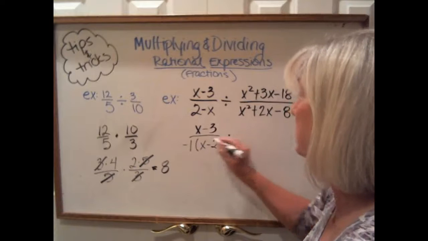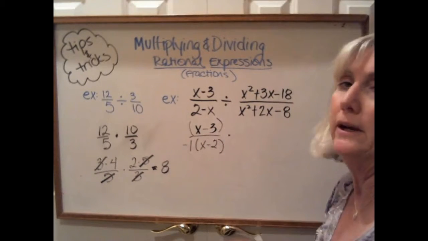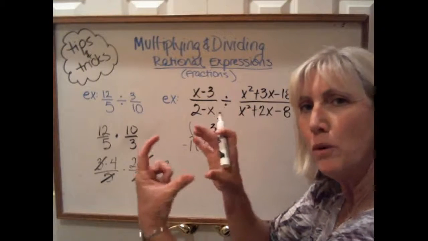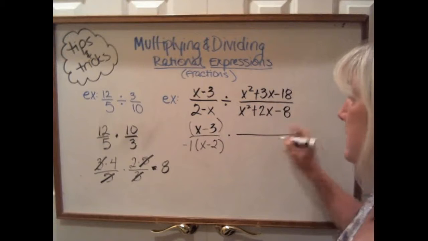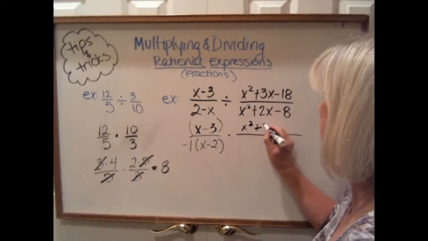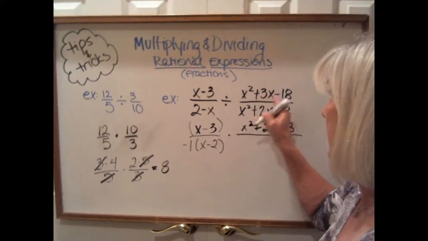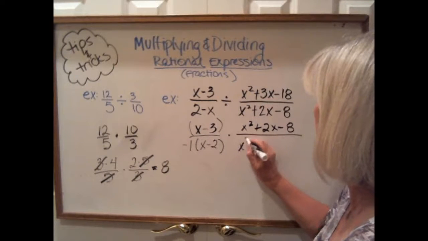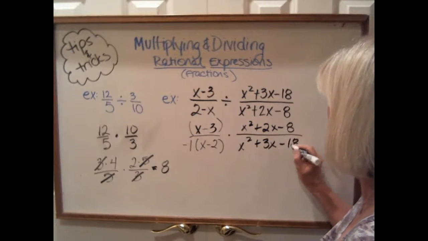And then I'm going to multiply. And another trick I have is when you have a factor, put it in parentheses. Then you know it's a group, and then it's going to multiply. So this is going to be in the numerator, and that's x squared plus 2x minus 8. And the denominator is the numerator, so it's x squared plus 3x minus 18.